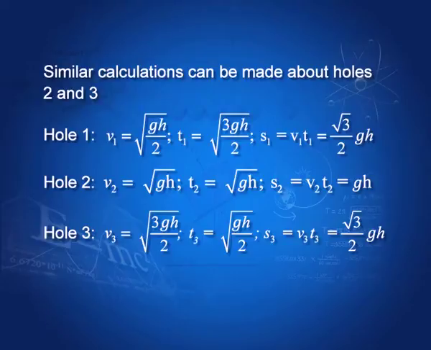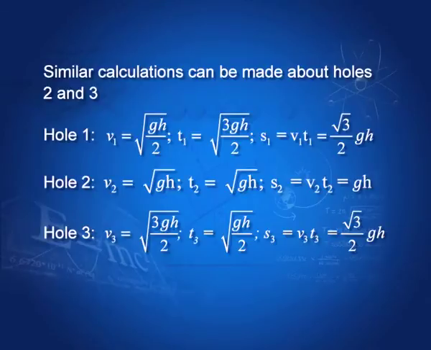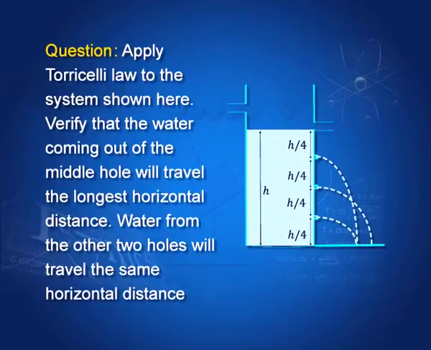And you can now see that the middle one is the largest distance. Root 3 is 1.73, divided by 2 is some 0.86 or something like that, and this is 1. So, that is why I have shown that the middle stream goes the highest distance horizontally, and the first and the third travel horizontally the same distance.